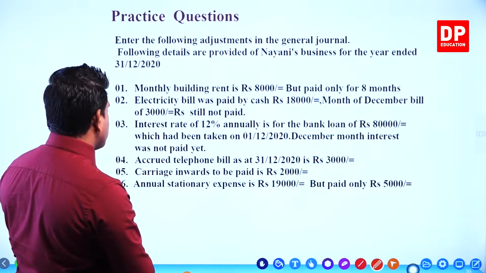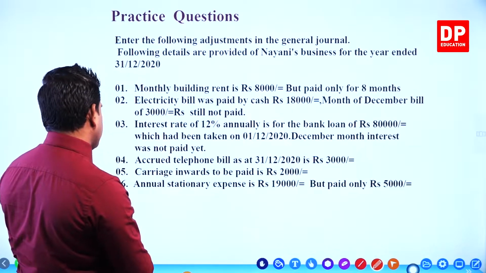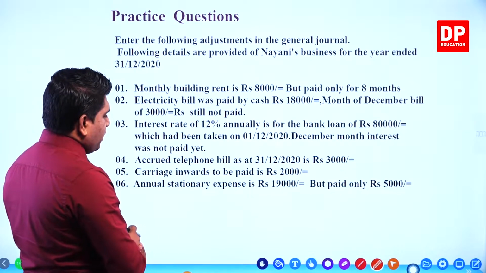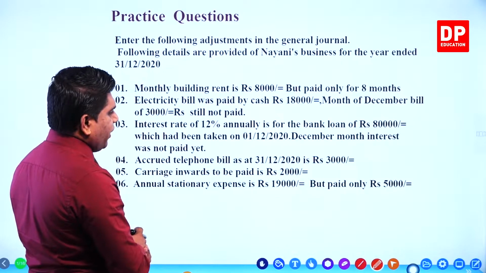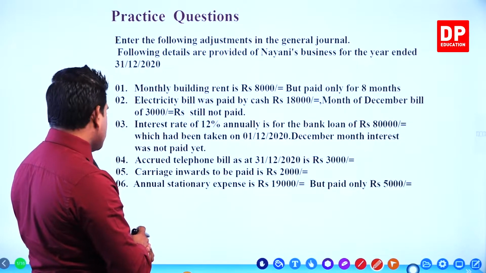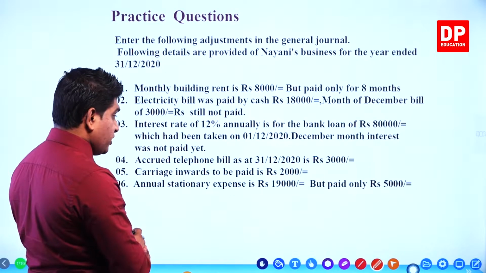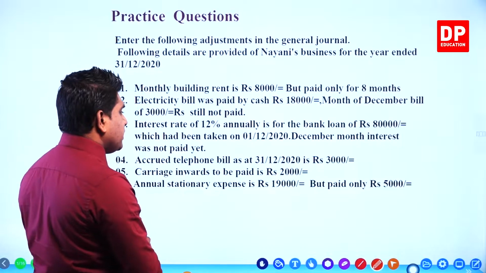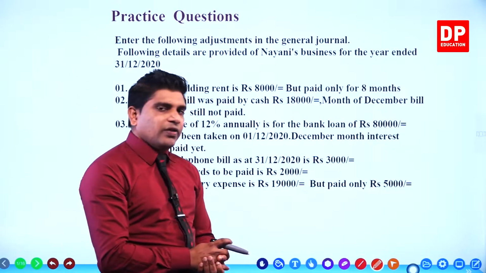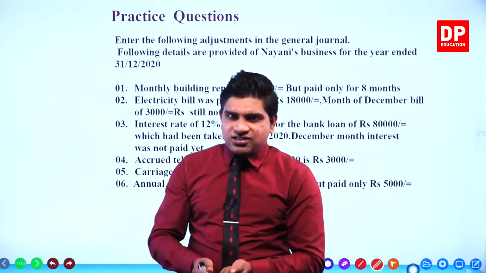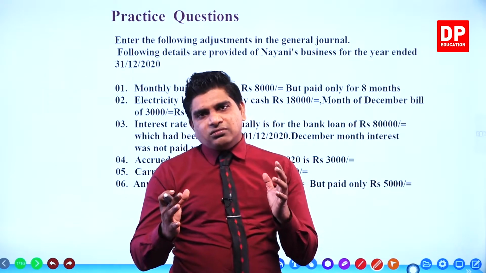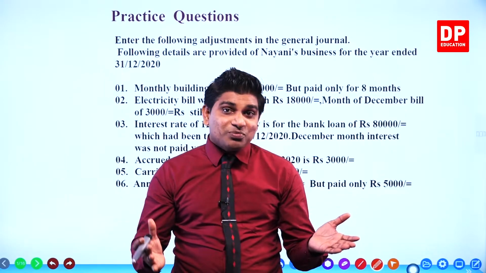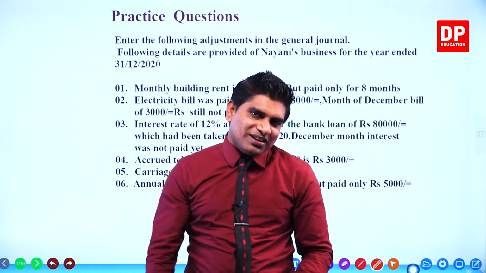December month interest was not paid yet. Fourth, accrued telephone bill as at 31st December 2020 is 3,000. Fifth, carriage inwards to be paid is 2,000. Sixth, annual stationery expense is 19,000 but paid only 5,000. These adjustment related transactions are provided to you by me, right?